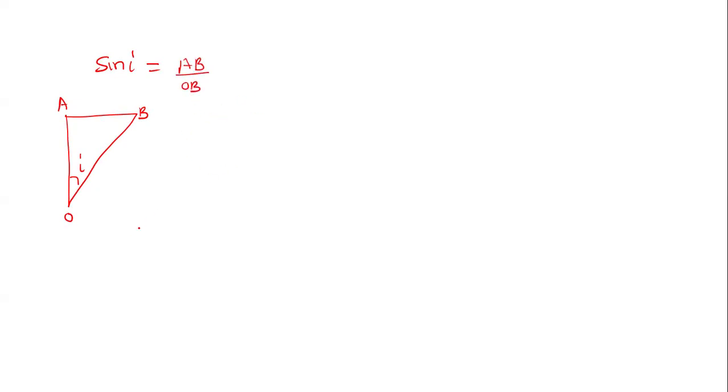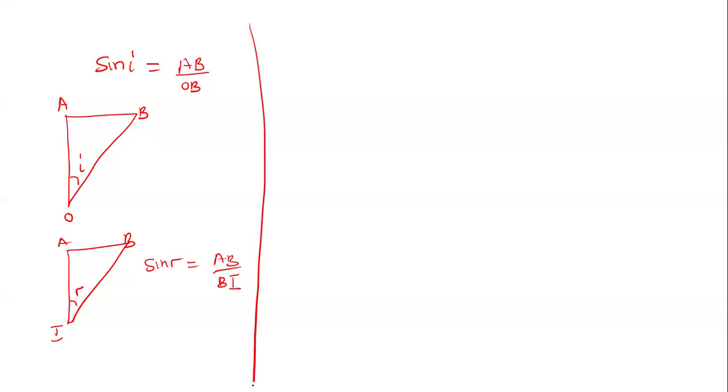Then to get the other one, R, this is where we have our R, this is A, this is B, and this is where we have our I. To get sine of R, we shall always have AB out of our hypotenuse, which is BI.